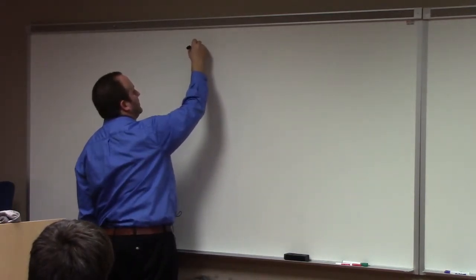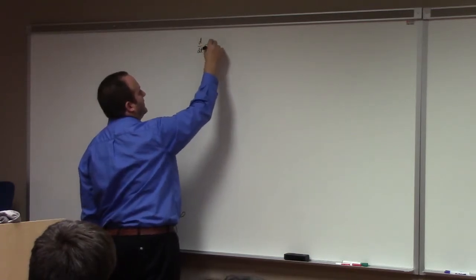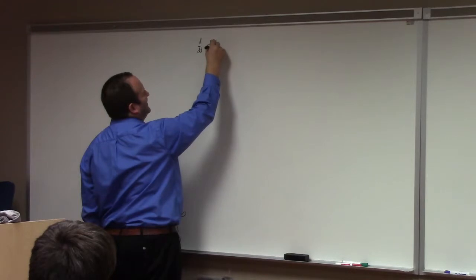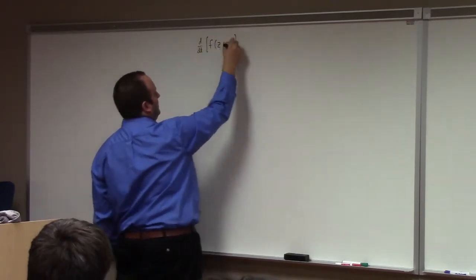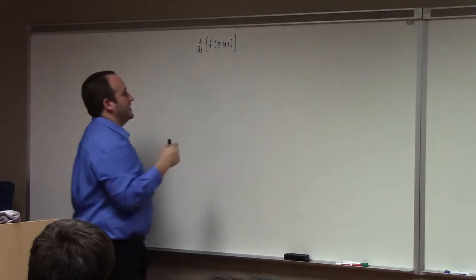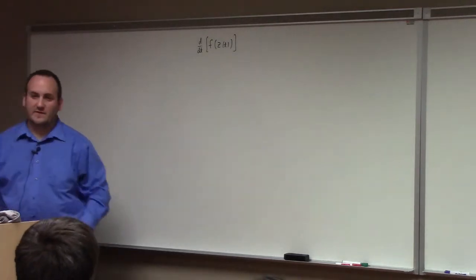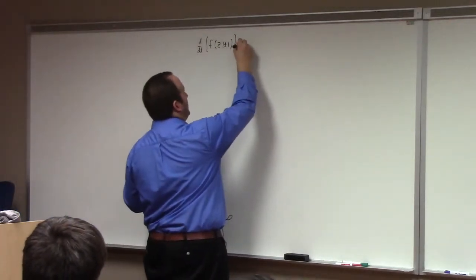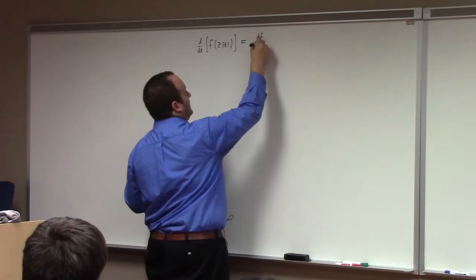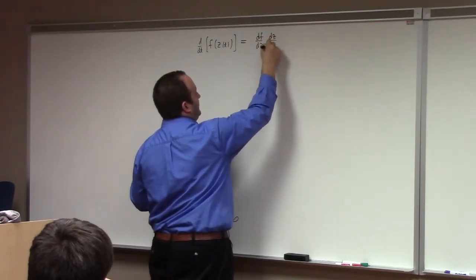It's one of your homework problems. If z of t is a differentiable path in the complex plane, and f is a holomorphic function close to this path, then d/dt of f of z of t is df/dz times dz/dt, where that's a complex multiplication.